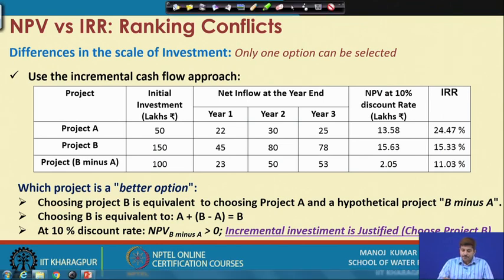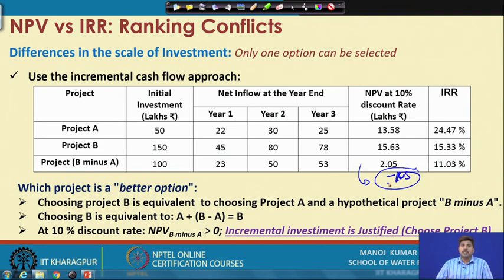Now, what if I still get some IRR value, but my NPV here is, let us say, minus 1.5? If my NPV for the incremental investment is minus 1.5, I can see based on the NPV that this additional investment is not justified, or the return on this incremental investment is not giving a positive NPV at the expected return.